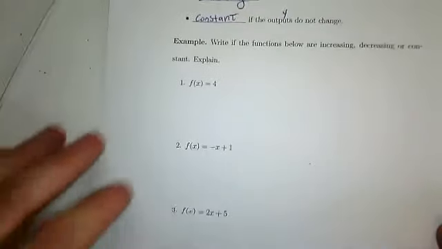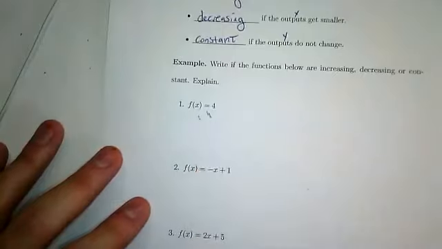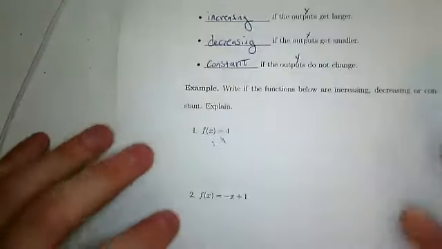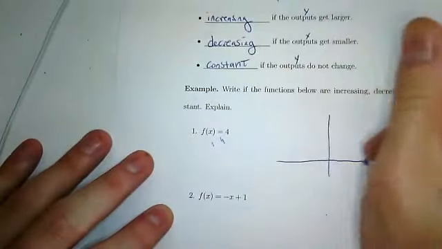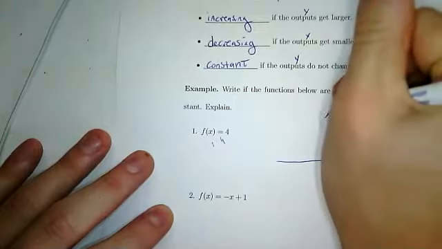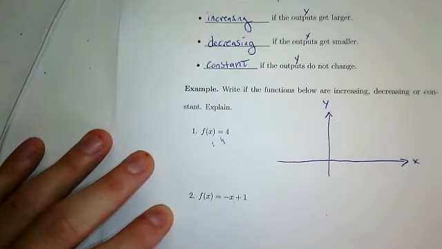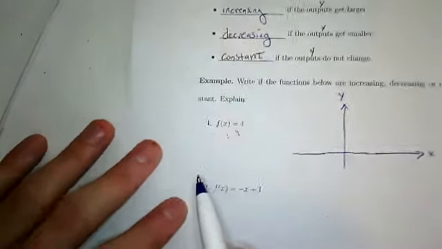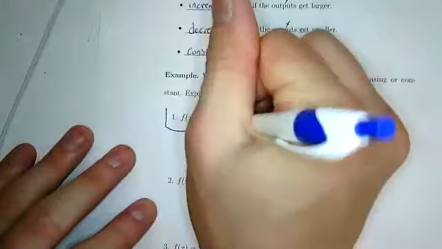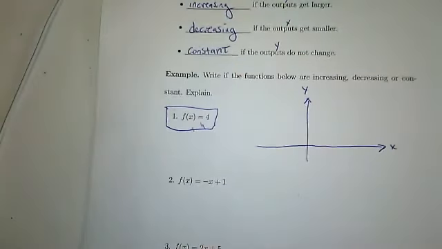So to look at a constant function, we can check out this one. Let's graph it and see what it looks like. Does anyone have any guesses as to what the graph of f of x equals 4 is going to look like? A straight line across, because y always equals 4.